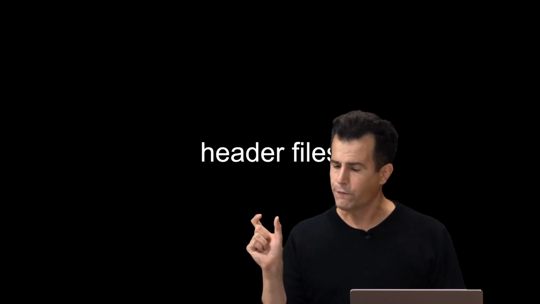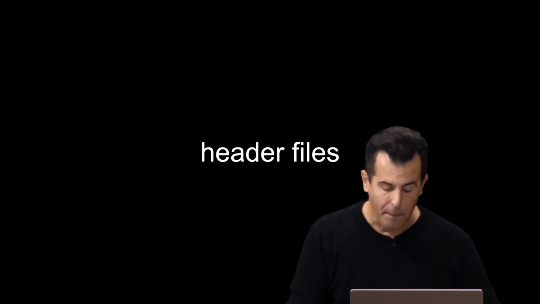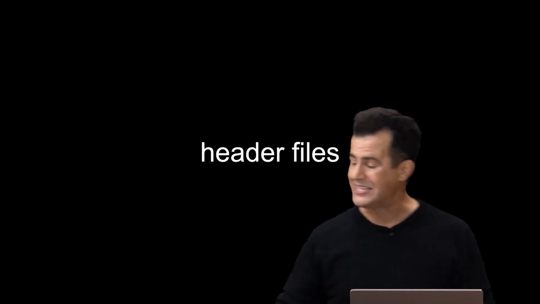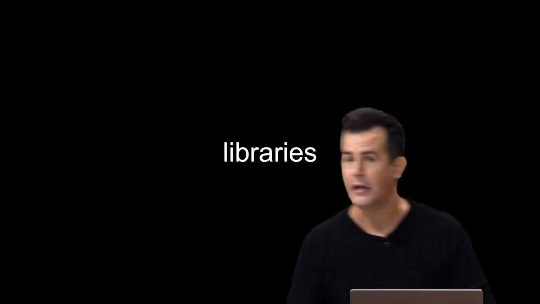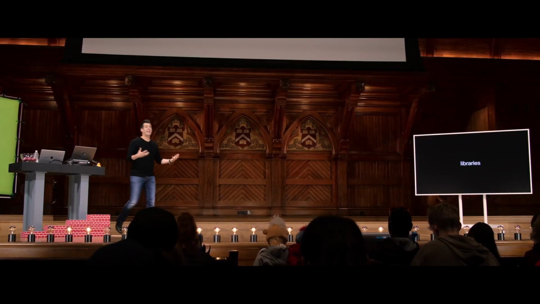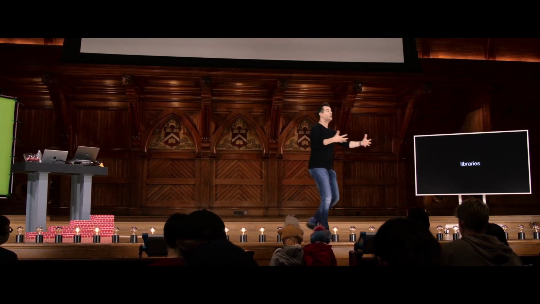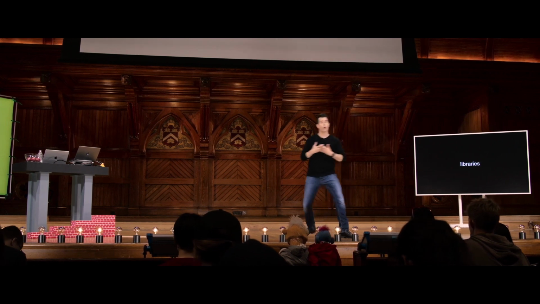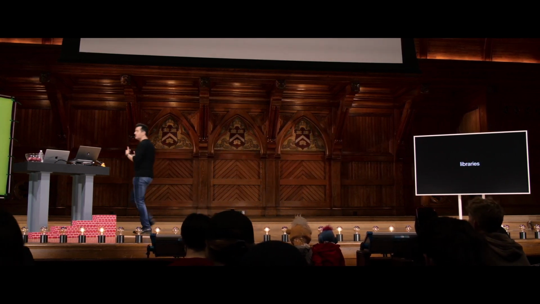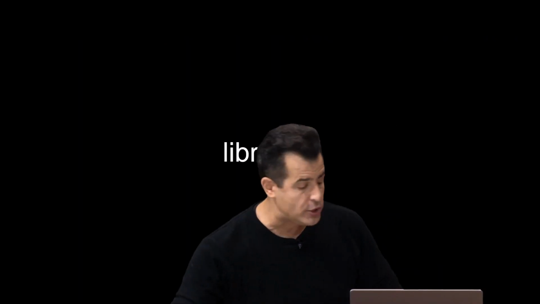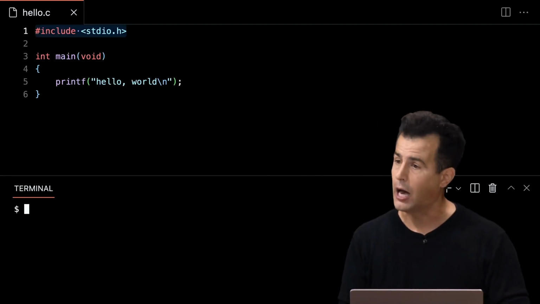But these so-called header files contain enough information about all of the functions in what's called the standard I/O library. And standard I/O just means standard input and output. And that's appropriate, right? Because printing is pretty basic output. Turns out there are other functions for getting input from the human's keyboard. More on that in a bit. But anytime you want to print something on the screen in C, you indeed need to include this header file at the top of your code.